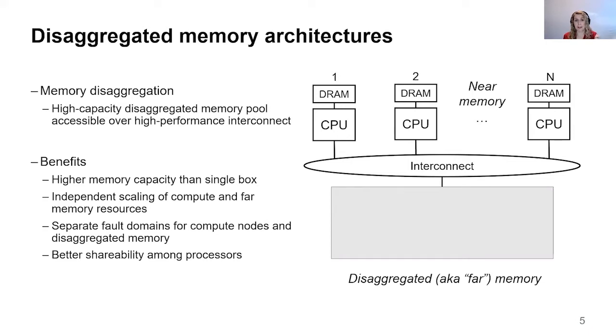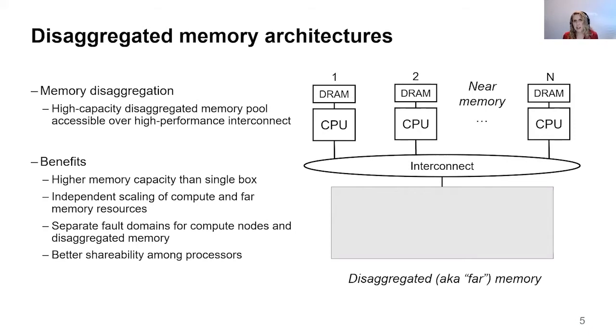If a compute node fails, the state that it's written to the disaggregated memory is still going to be alive, and so it can potentially be picked up by another processing node in order to continue the computation. We'll see the implications of that in one of the topics that I want to discuss. And finally, because the memory is equidistant from all of the different compute nodes, there's an opportunity for more sharing between the different compute nodes.